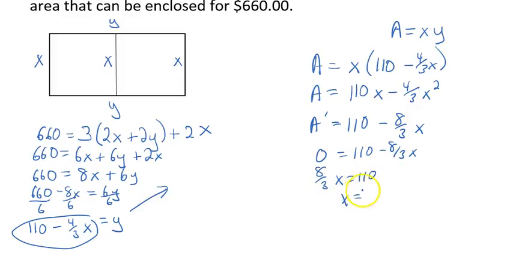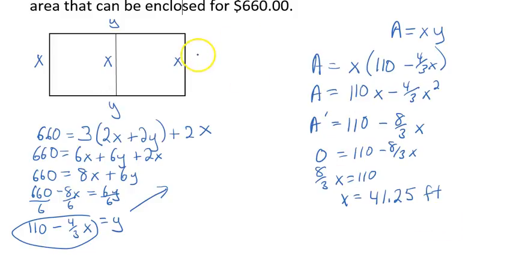And then I'm going to divide by 8/3, or flip and multiply, and get that x to be 41.25, and that is how long x is, so that is in feet. Now if you go back and read the question, it was the largest area that we can enclose. So we need to figure out what that area would be.